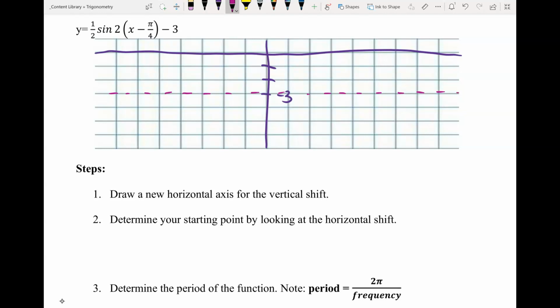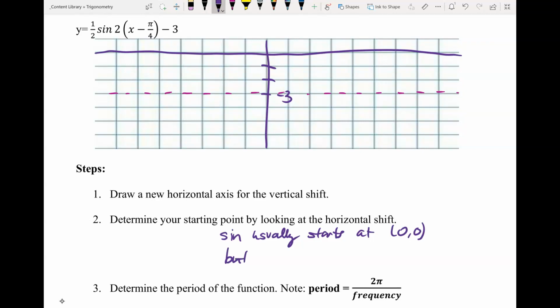Okay, the next step is to determine your starting point by looking at the horizontal shift. So for sine, we usually start at (0, 0). But instead, we had to go 3 down from (0, 0), so now it could occur at (0, negative 3). But we also need to move pi over 4 to the right because we have this negative pi over 4 here.